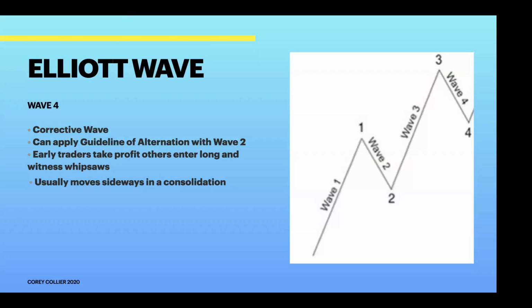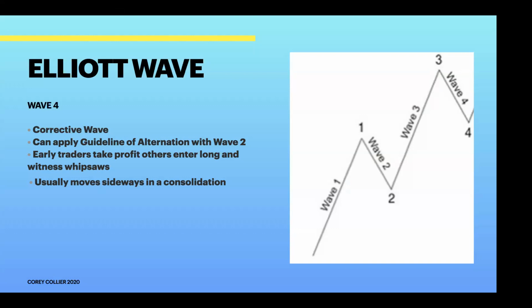Now, wave 4, again, is another corrective wave. And this is where we can apply the guideline of alternation with wave 2. So just to touch on that real quick, earlier, giving the description of wave 2, I said wave 2 is more times than not a steep and deep type of retracement against wave 1.